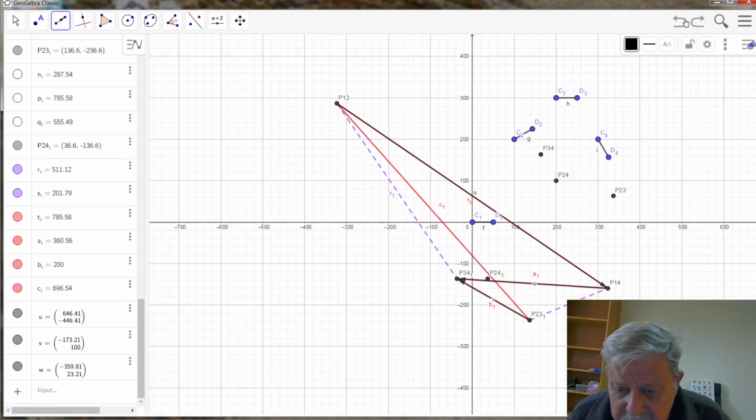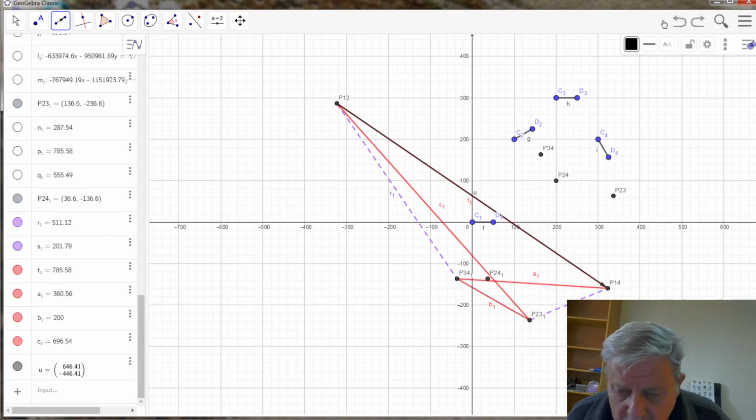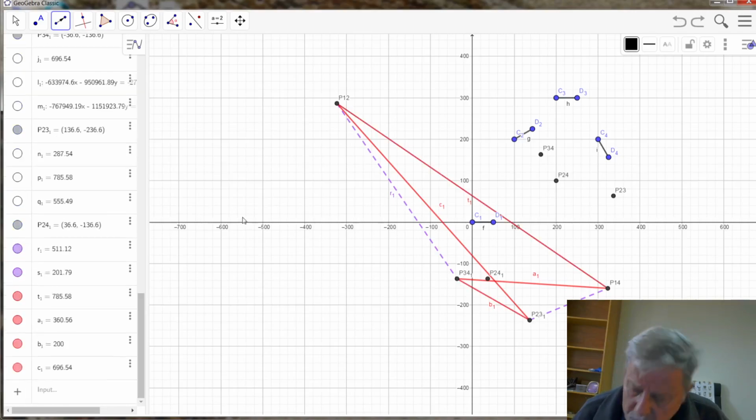Now I will select two opposite sides of the pole quadrilateral. Well, these are two parallel. Okay, I'll do that. I'm not sure because I usually do it differently each time. This is side 1, going from 2 to 4. This is side 4. This is side 1.